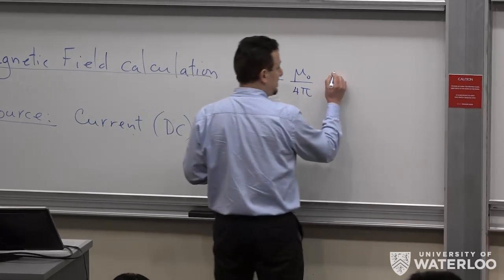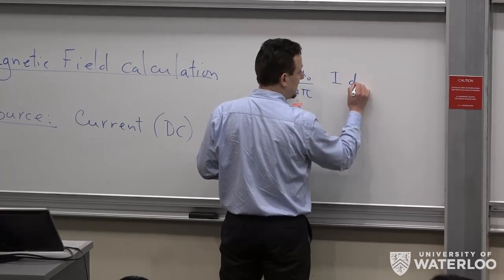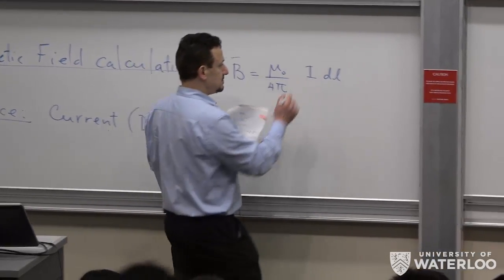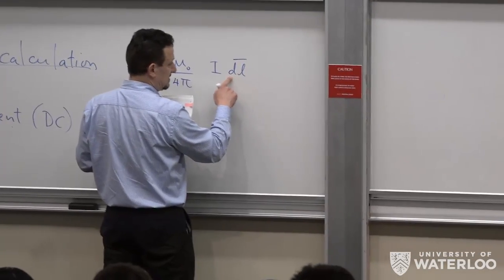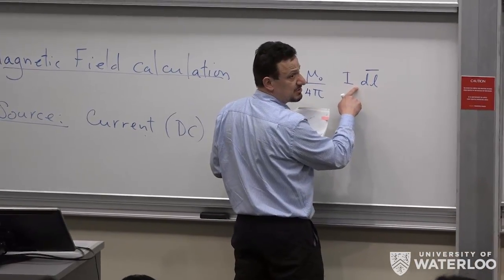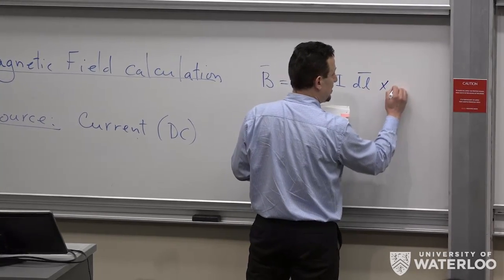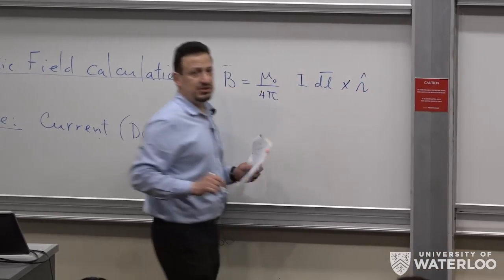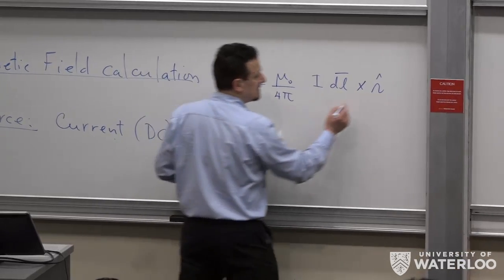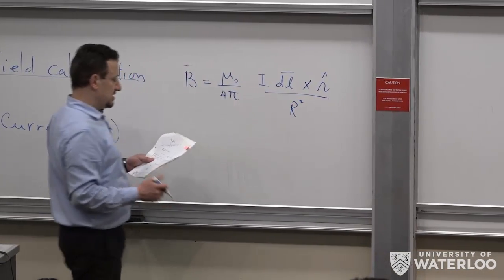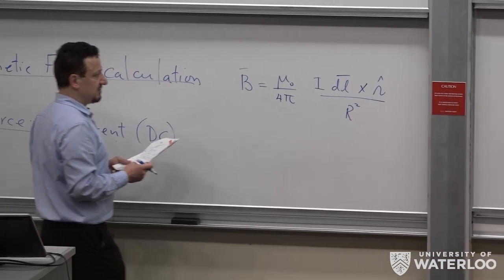And we have here I dl. This is an infinitesimal current element. I dl crossed with r, where r is a unit vector, divided by r squared, or little r squared, either as long as we define it.